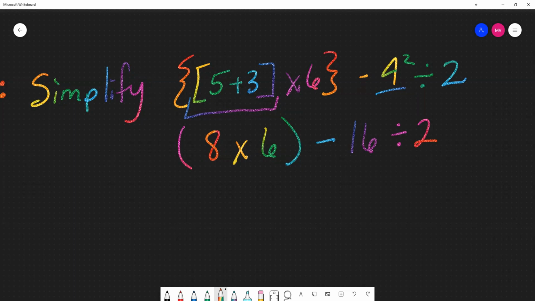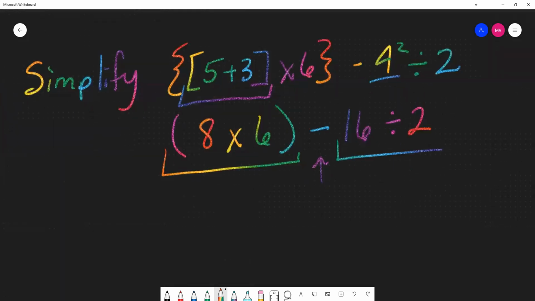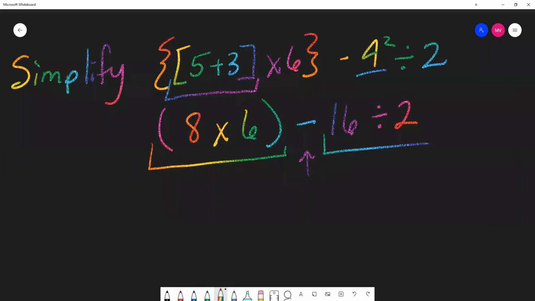Okay, so you can kind of do both at the same time as long as you don't interact them with each other yet. Because this and this are separated by a subtraction symbol, an operator. So you can go ahead and solve them simultaneously as long as you understand your order of operation. They don't interact with each other yet. Because in parentheses, we have 8 times 6, which is what?